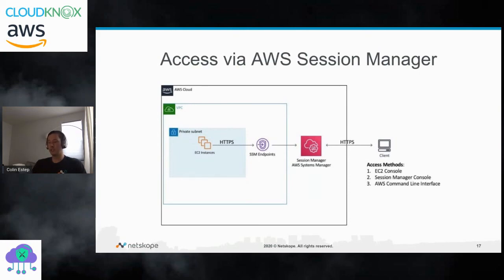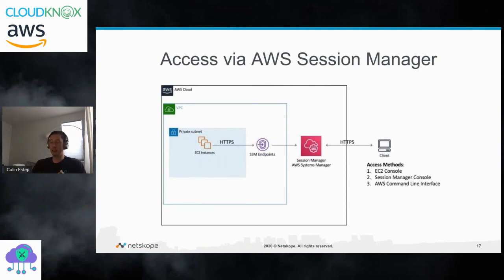The traffic between the EC2 instances and what says SSM endpoints in my diagram is actually staying within AWS, and it's over HTTPS. So in this case, I didn't even have to create an opening for SSH within the VPC or within the subnet. SSH is completely locked down in this example. And I don't have traffic going over the internet.